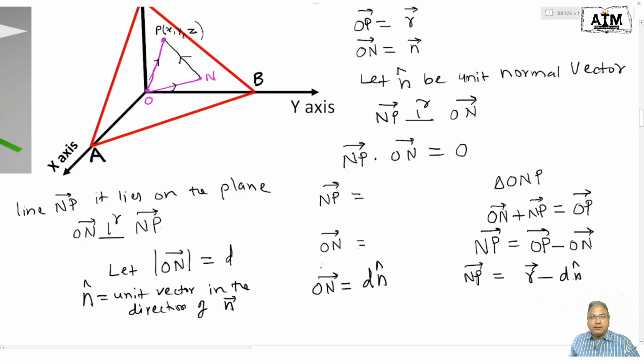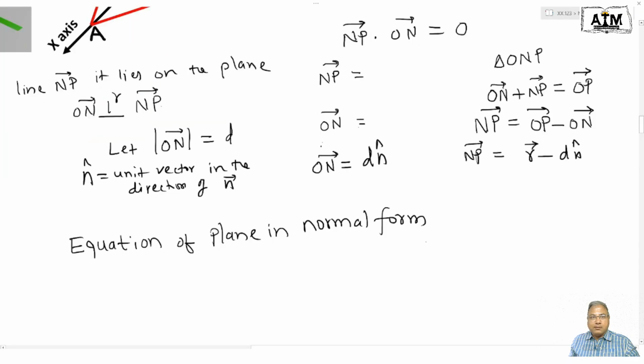Since the dot product of vector NP and vector ON equals 0, and vector NP is vector R minus D multiplied by n cap, and ON is nothing but vector n, here we write the dot product with vector n equals 0.